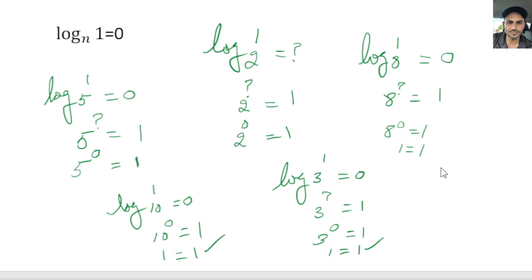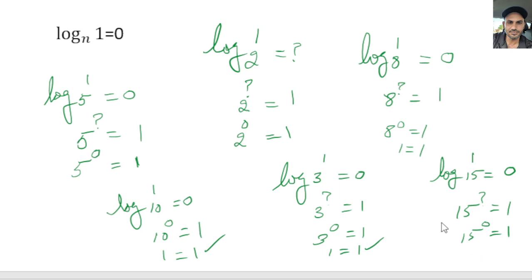One more example. We have log of 1 with base 15, that is also equal to 0. 15 to what power is equal to 1? It's basically 15 to the 0th power equals 1. That's a 0 exponent property.